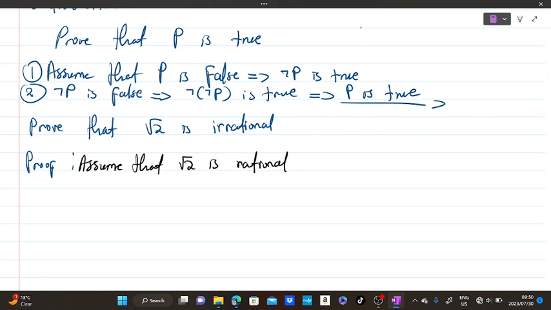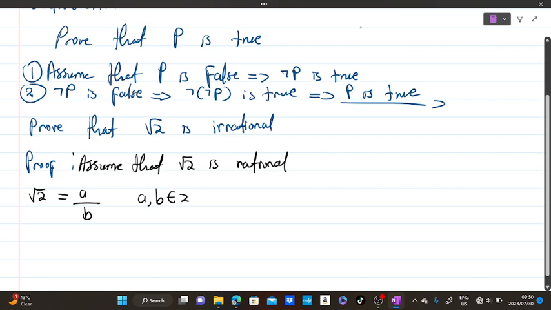Remember that a rational number is any number that you can write in terms of a fraction. So root 2 we can write as a over b, and we know that a and b must be integers, numerator and denominator must be integers, and b cannot be equal to 0.